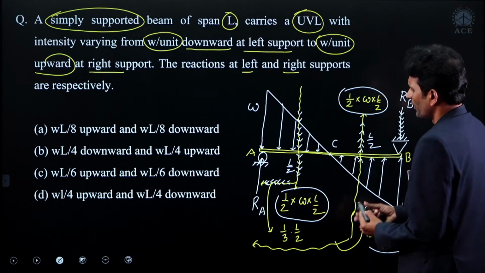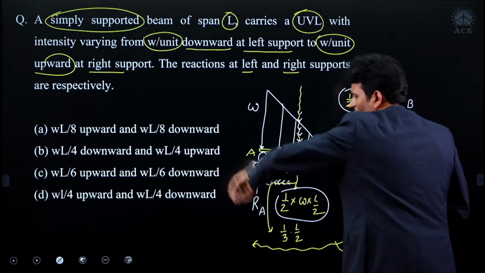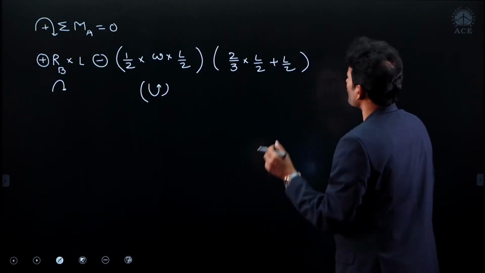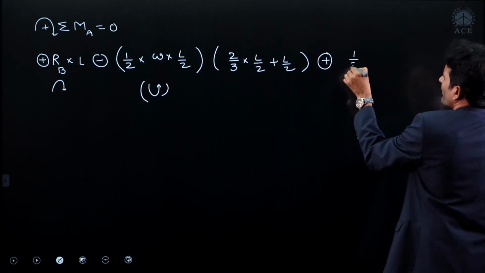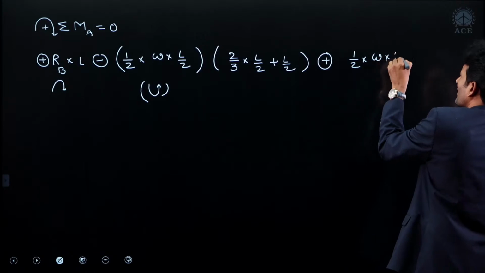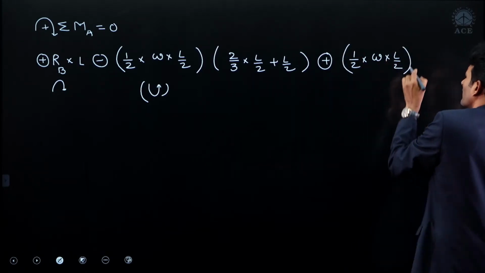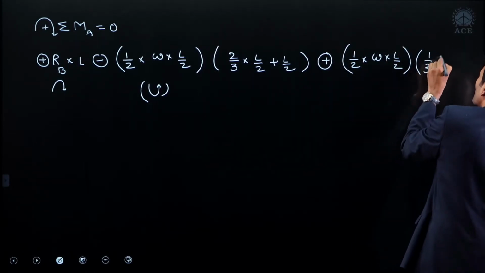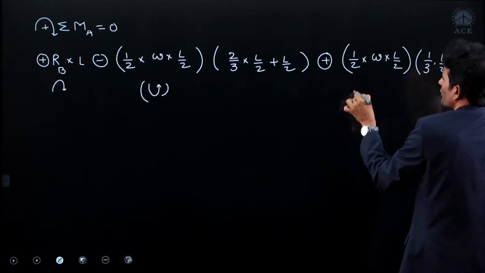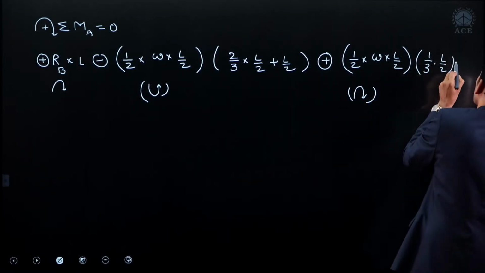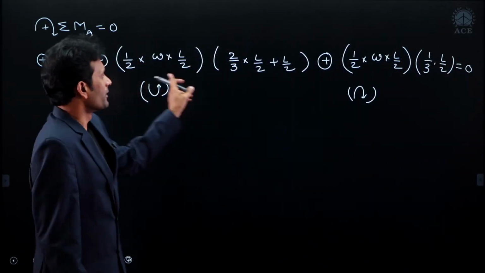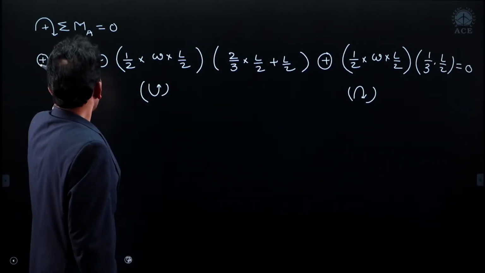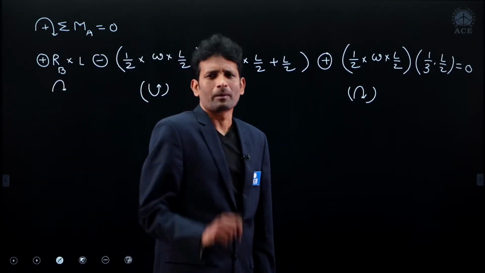Then how is it taking the rotation? It is giving clockwise rotation. Again I am using positive sign. Simply, half into omega into L by 2 at distance 1/3 of L by 2. Why is it positive? Because it is giving clockwise rotation. It should be equal to 0. That's it. If I simplify this equation, the only unknown is RB. I am getting the RB value.